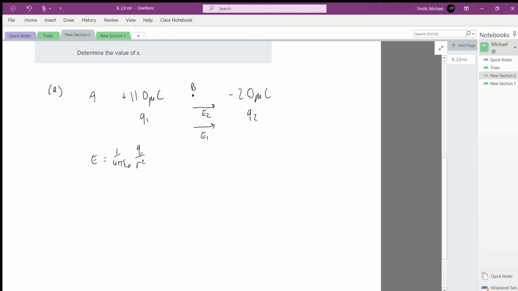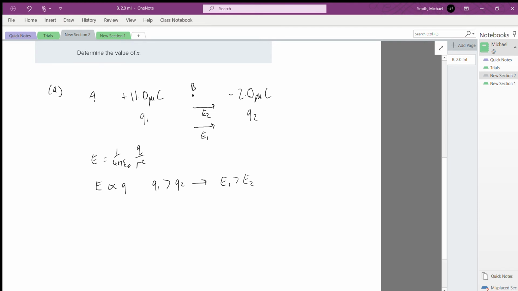So here the electric field is proportional to Q. So here, since Q1 has a greater magnitude than Q2, that would suggest that the electric field E1 will be greater than the electric field of E2 if we're just considering the charge.